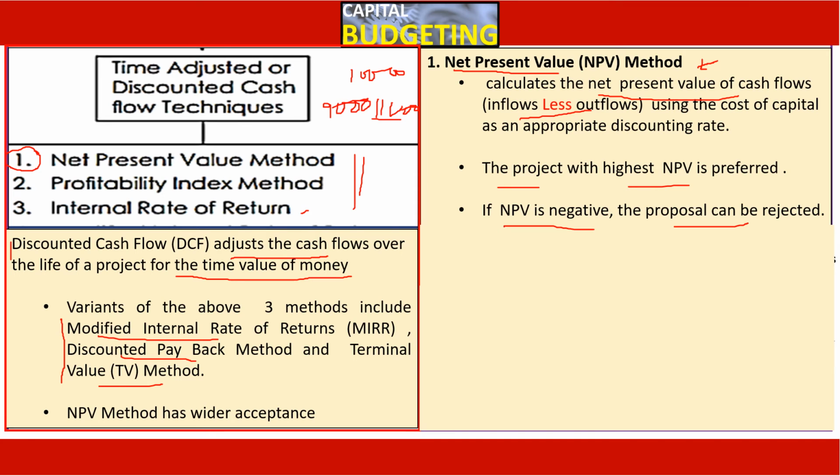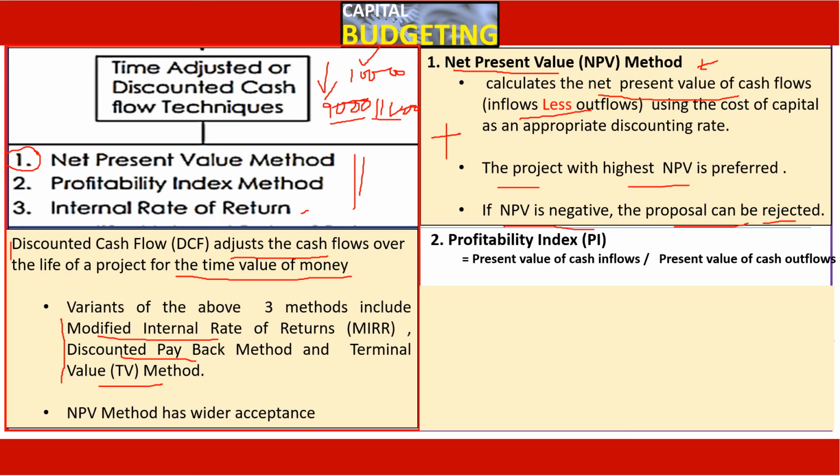Effectively, what it means is you are giving the bank 10,000, and if you convert what the bank gives you, its present value is 9,000, means you are receiving less than what you deposited. Then the project cannot be accepted at all. It can be rejected. The rule is net present value has to be always positive. If it is not positive, we are not gaining anything. It's a waste of effort.